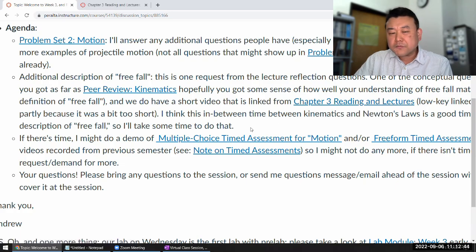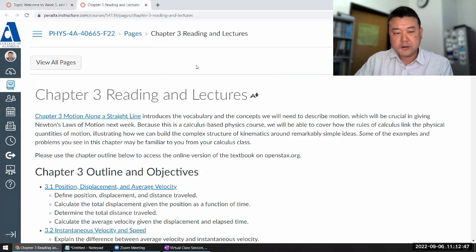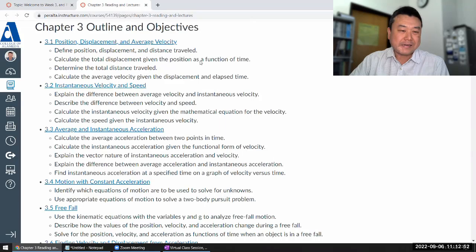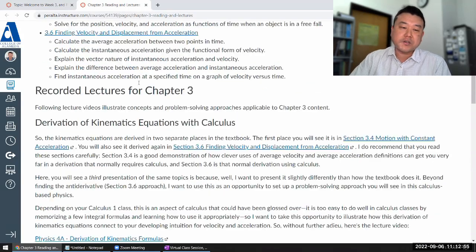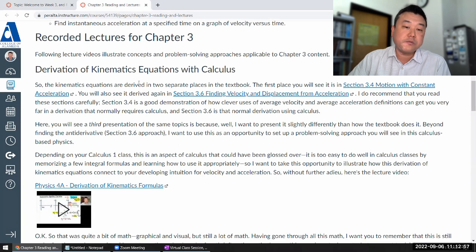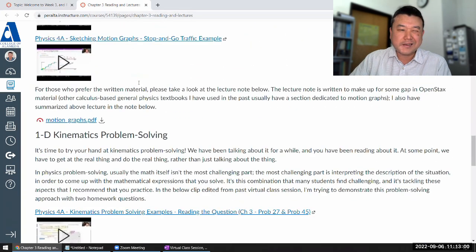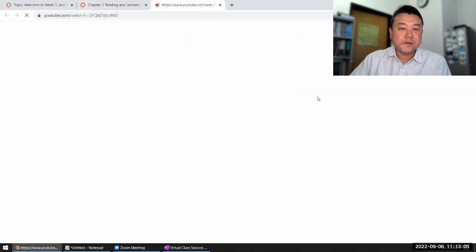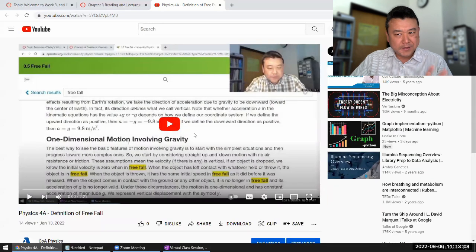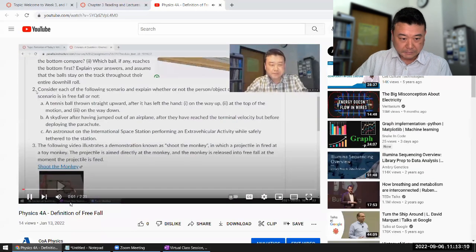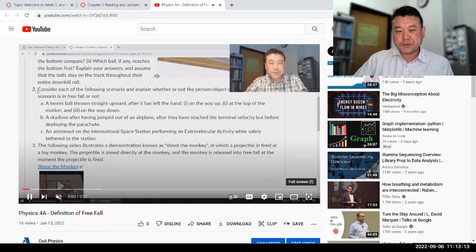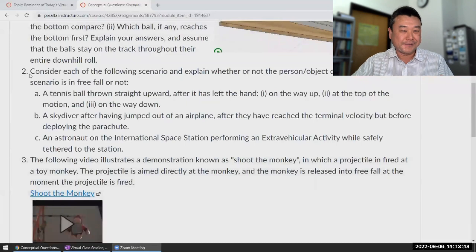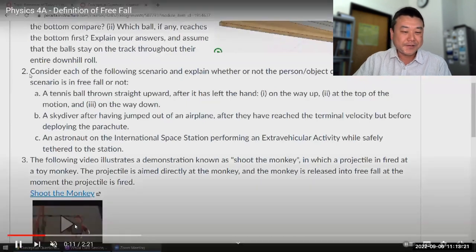And I talked about free fall a little bit in a previous semester's session, and it's linked from the chapter readings and lectures page, but I kind of hid it as a link rather than a full-fledged embedded video, mainly because it's a little bit too short, and I didn't want to disrupt the flow of the page.